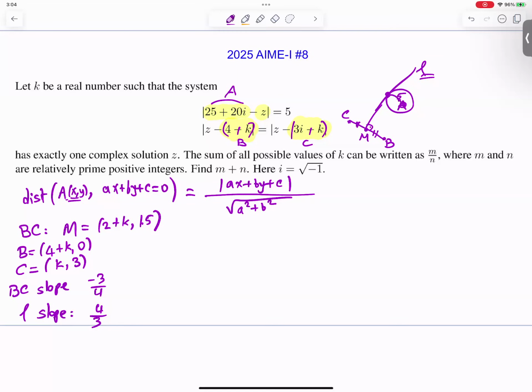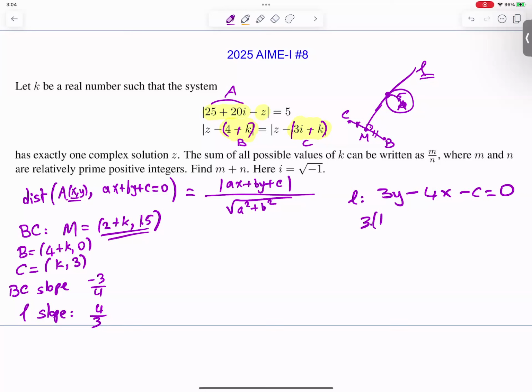So the equation of the line L will look something like this: 3y minus 4x minus a constant is 0. And we can find that constant in terms of k by plugging in the point M, because we know that point M is on this line.